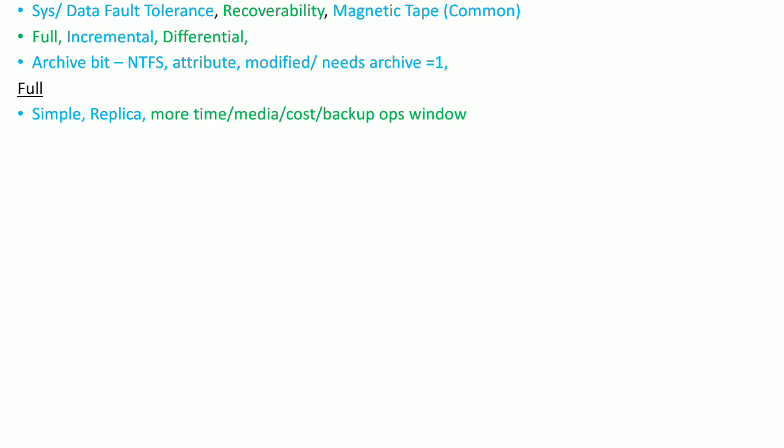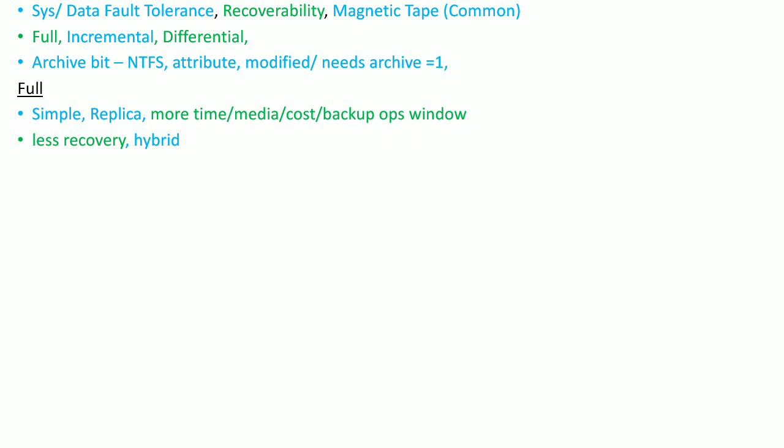Another aspect is that the window for backup operation needs to be large enough to sustain the full backup operation. The advantages of full backup are that the recovery operation in case of a fault requires less time and less effort because you have to recover from a single source of backup.